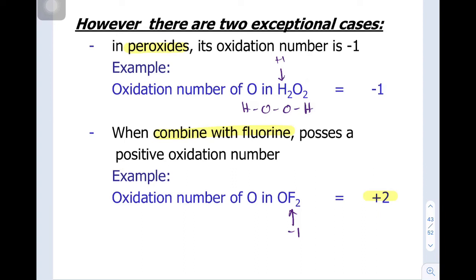If we try to calculate the oxidation number of oxygen, since we have 1 oxygen and 2 fluorine in the molecule, and it is a neutral molecule, the sum equals 0. And we know that fluorine is always -1. So 2 multiplied by -1, plus the oxygen, equals 0. So the oxidation number will be +2.